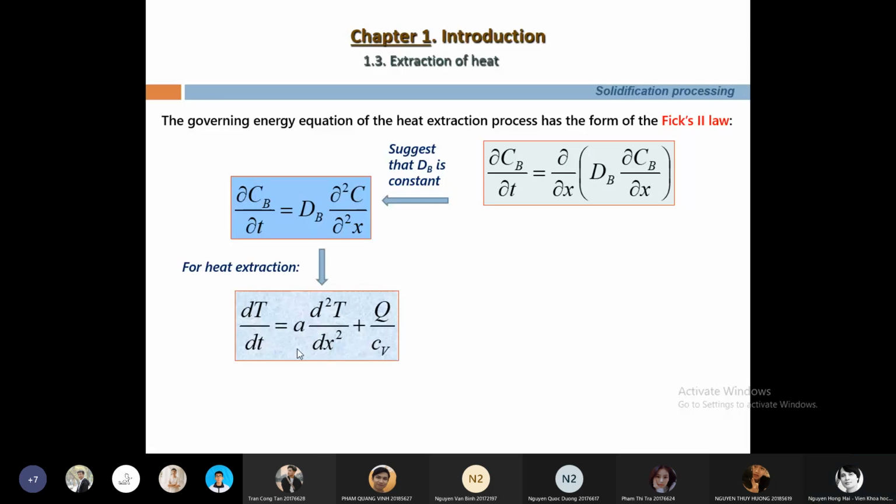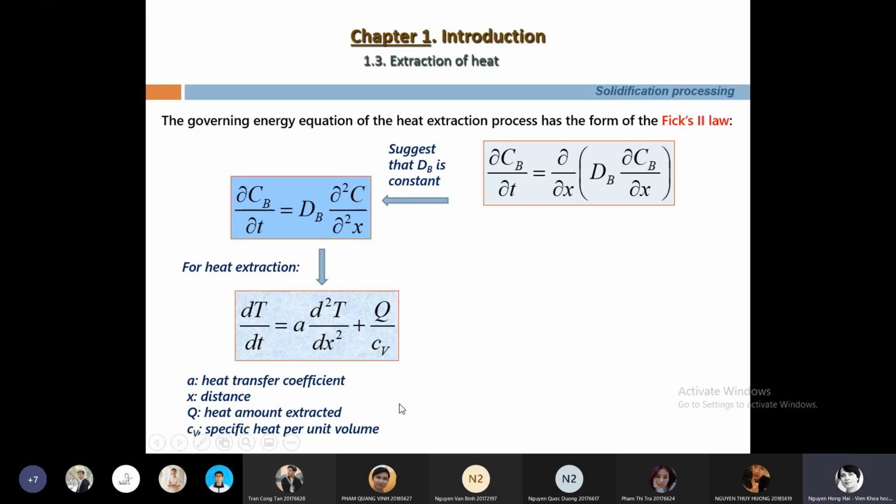Here, the A is the heat transfer coefficient. The T is the temperature, and H is the distance also. Here V is the heat of mold extraction, okay, and CV is the specific heat per unit volume.